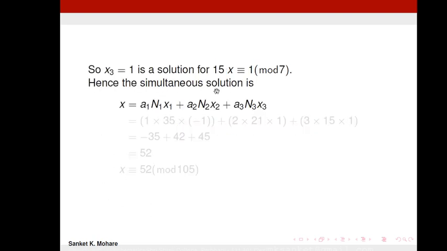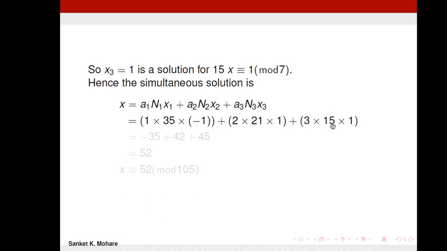So therefore the simultaneous solution of the given system of congruences is x equals a1 n1 x1 plus a2 n2 x2 plus a3 n3 x3. The value of a1 is 1, so 1 multiplied by 35 multiplied by -1. Similarly, substituting a2 n2 x2, we obtain plus 2 multiplied by 21 multiplied by 1, plus the value of a3, 3, multiplied by n3, 15, with x3 equal to 1.